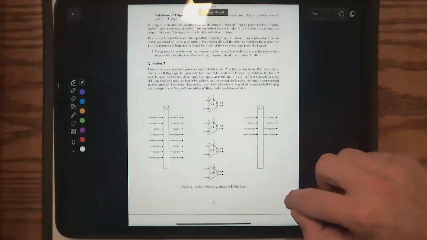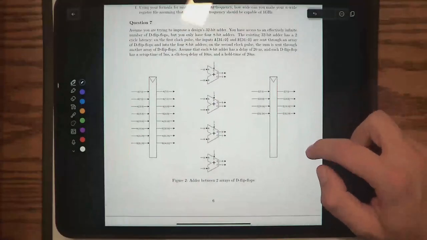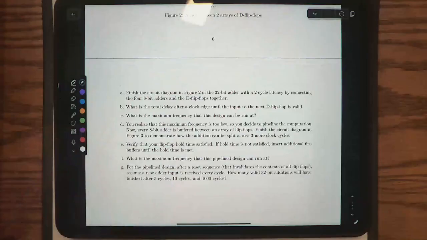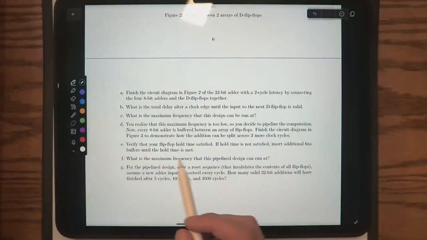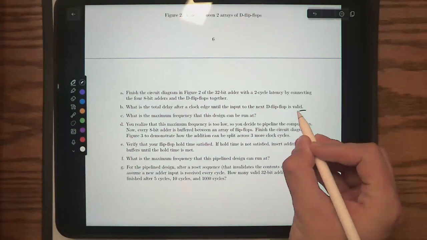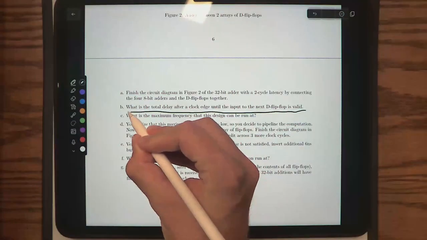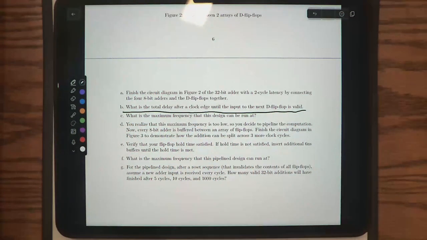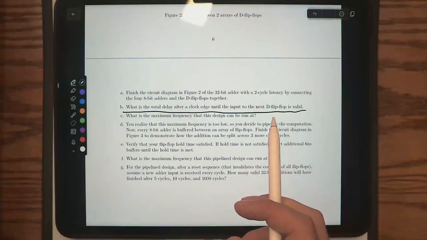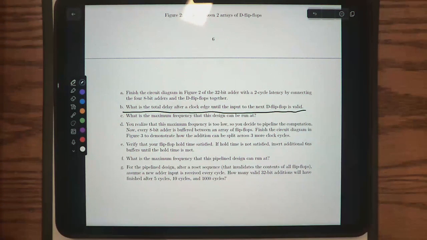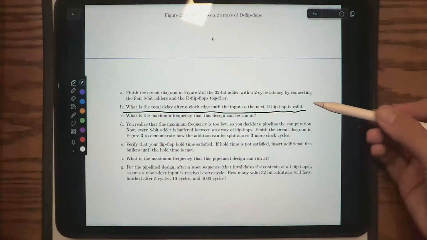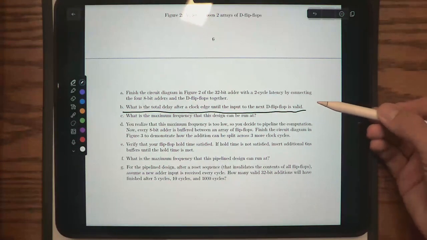So for question 7, this pipeline question, I have this wording right here. What is the total delay after clock edge until the input to the next flip-flop is valid? I would like to change this question. What I was trying to ask was, what is the minimum clock period?